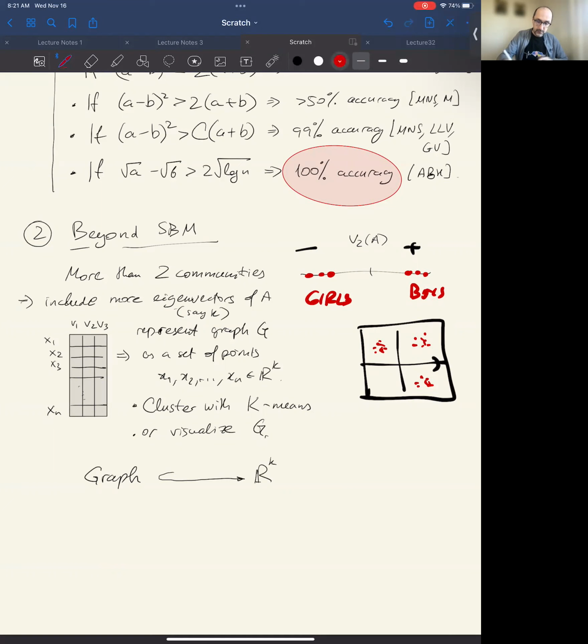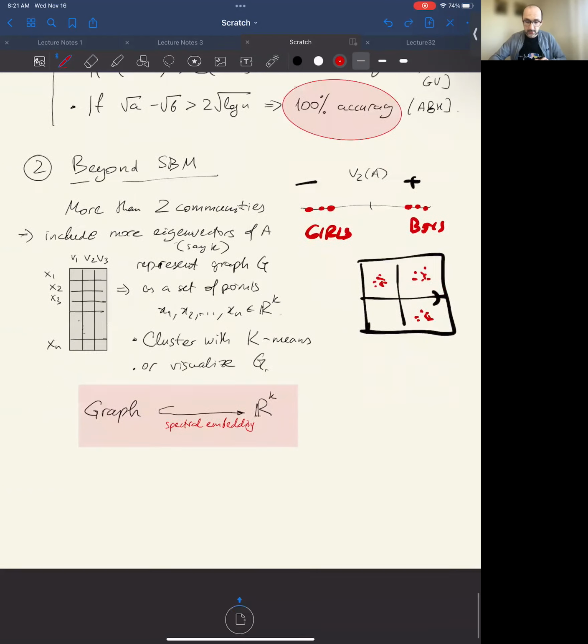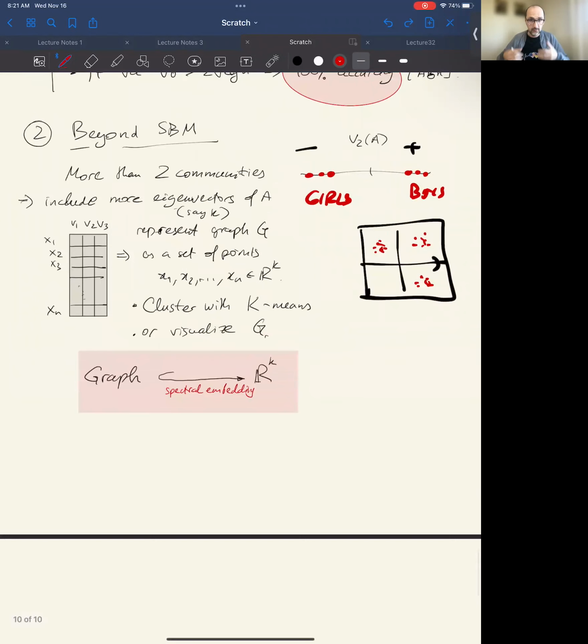And this method that we just described is called the spectral embedding. It looks at the spectrum, it computes the k top eigenvectors, and then embeds the graph as the rows of that matrix. Here we go. So we described the spectral embedding, which works far beyond the stochastic block model or the clustering needs. It's just a method to visualize the graph.